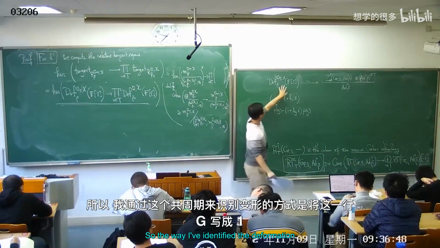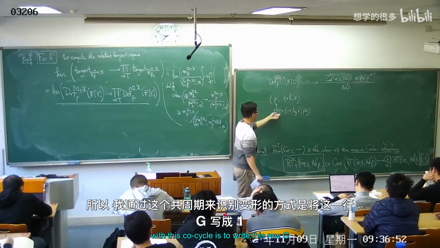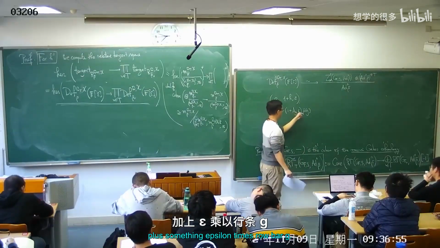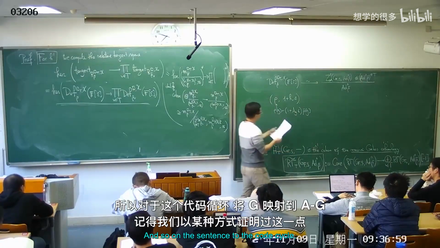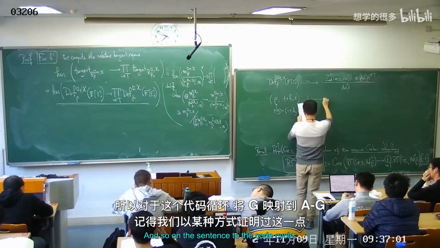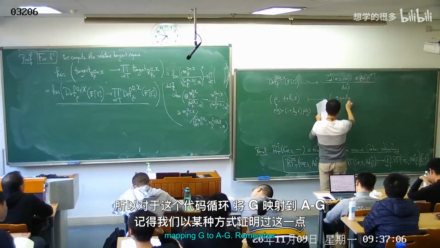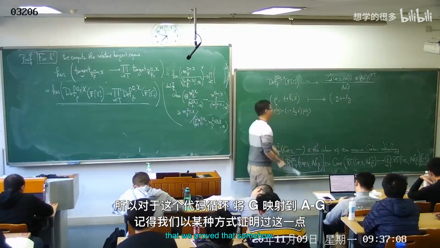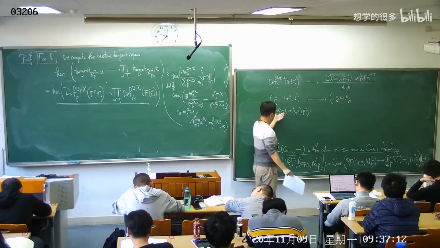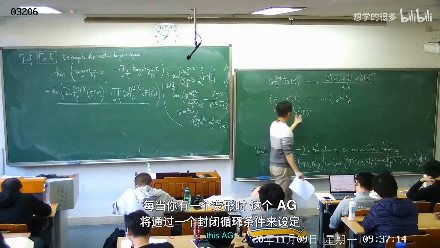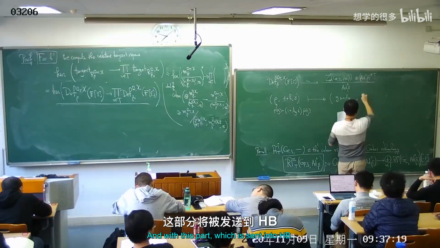So the way I identify this deformation with this cocycle is to write this rho g as 1 plus something epsilon times rho bar g. And so I want to send it to the cocycle mapping g to ag. Remember that we proved that whenever you have a deformation, this ag will satisfy a cocycle condition, and this part we just send to hv.